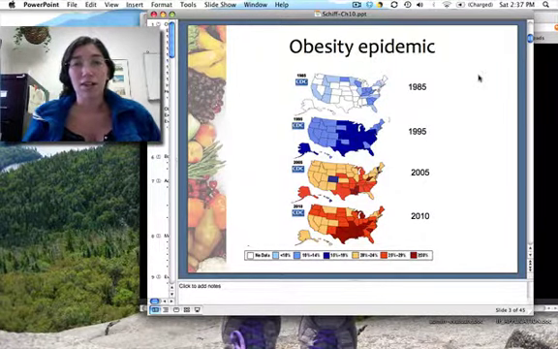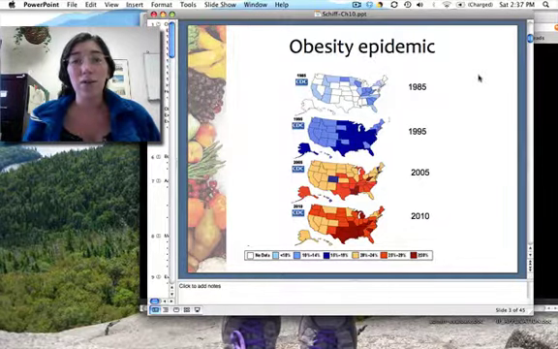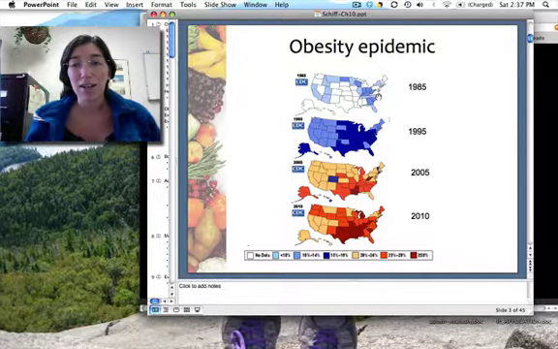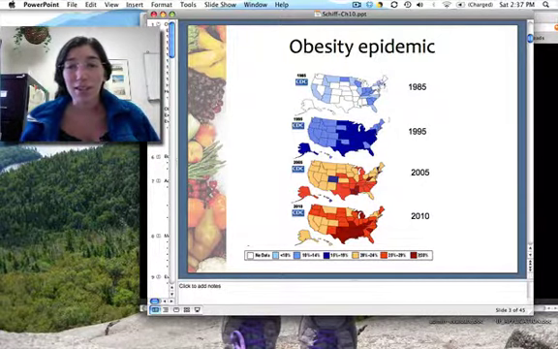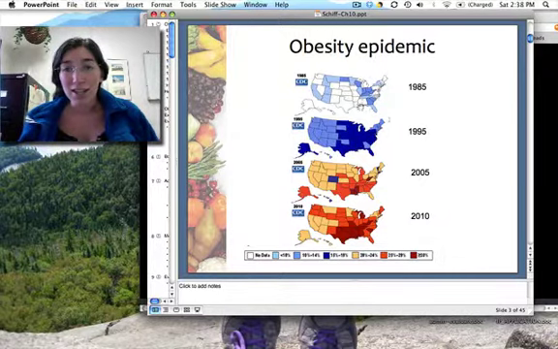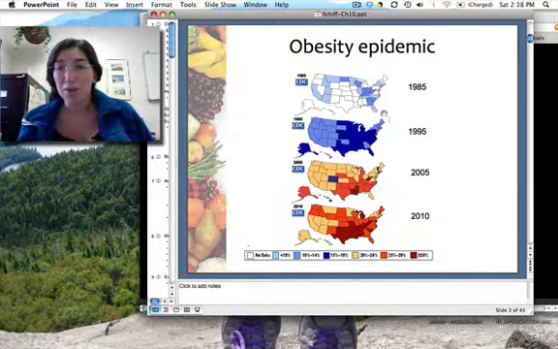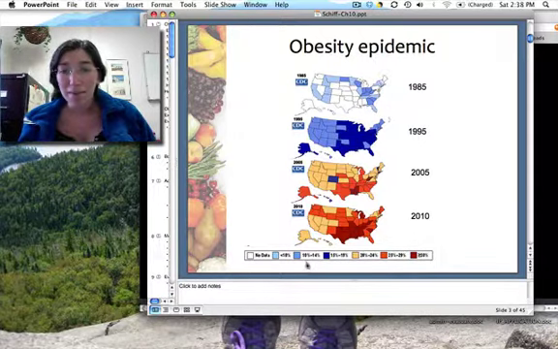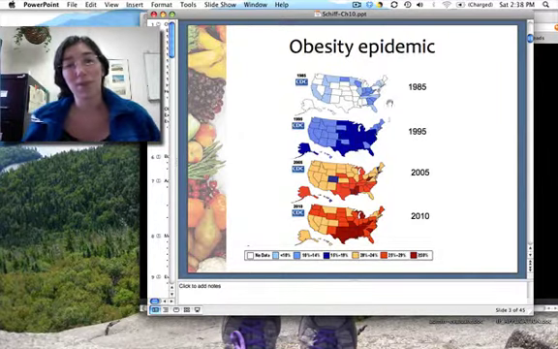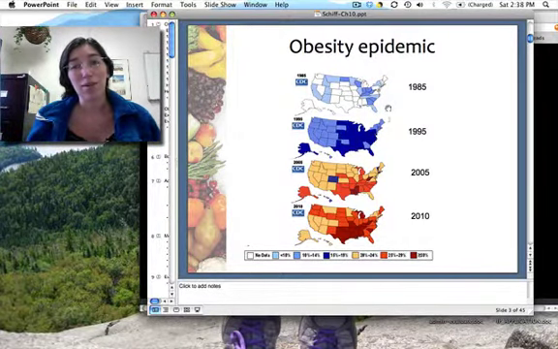In this country, we have a national health problem of overweight and obesity. This is information from the CDC, the Centers for Disease Control, from 1985 to 2010, looking at obesity rates in the different states. As you can see, in 1985, about 30 years ago, less than 15% of Americans were obese, and no state had more than 15% of people who were obese.